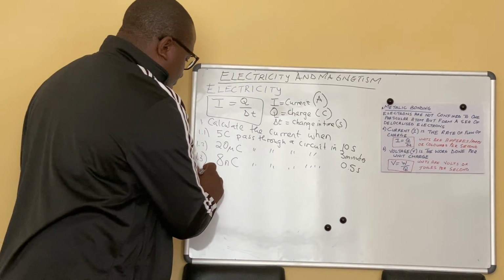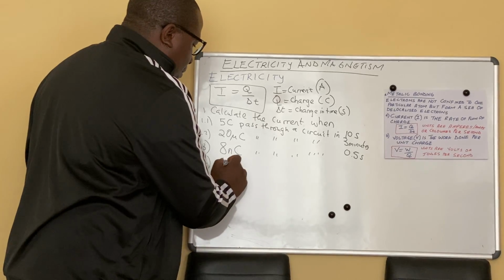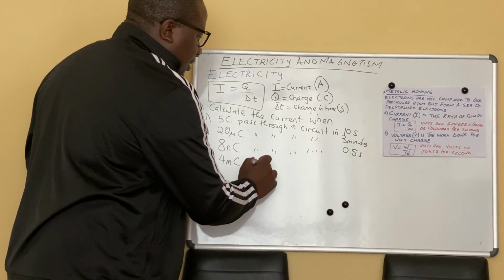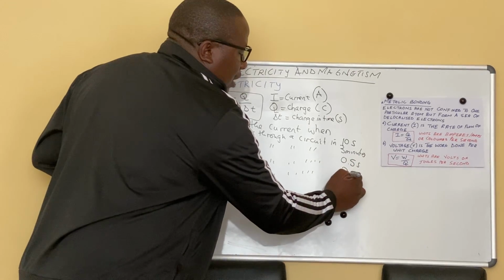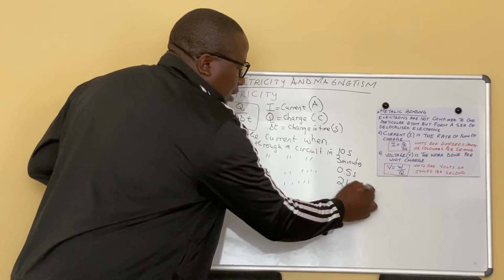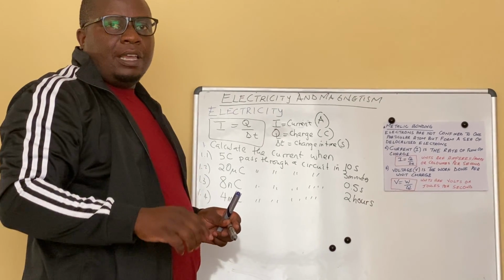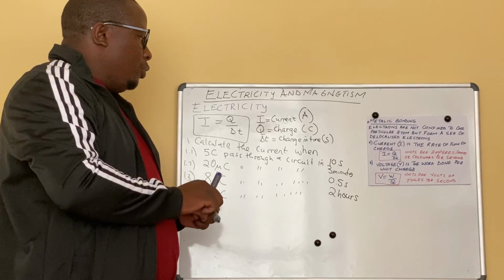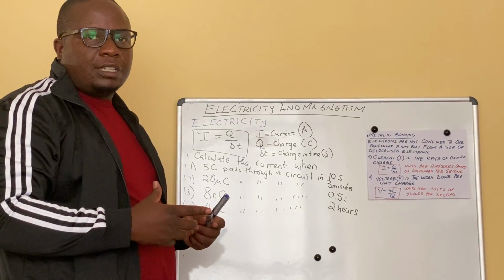Then 1.4, let us say 4 millicoulombs pass through a circuit in, let us say, 2 hours. So right now, I want you to pause this video, and after pausing the video, you do the calculations, and then let us see what you come up with. Then we do corrections a little bit later on.